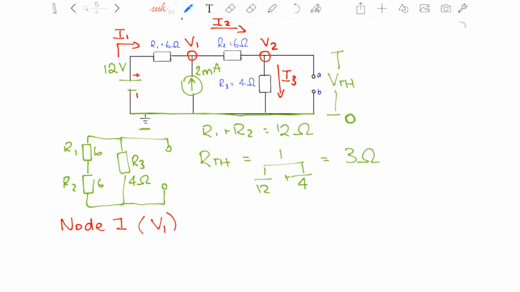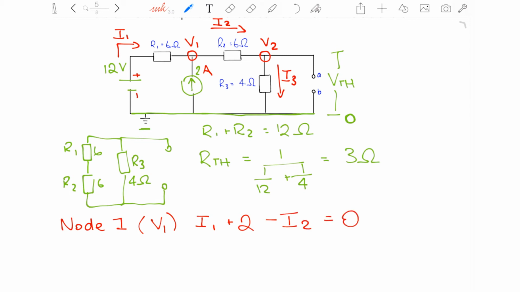So for node 1, you have I1 going into this node. You also have 2 amps going into this node, and then you have I2 leaving this node, and that is equal to 0.